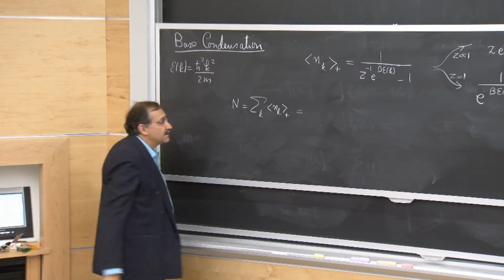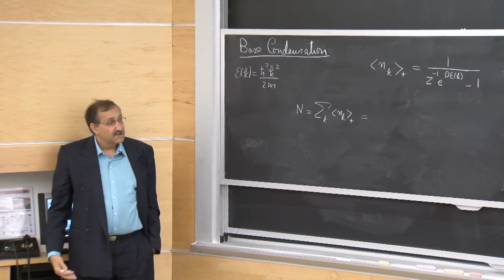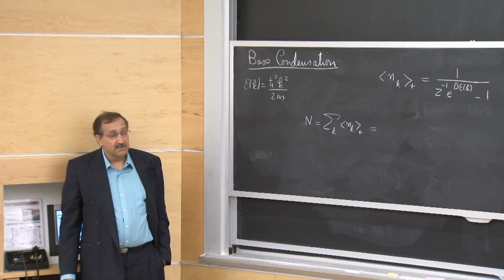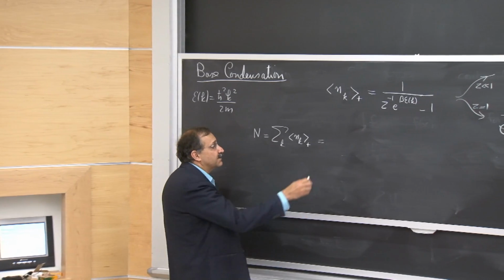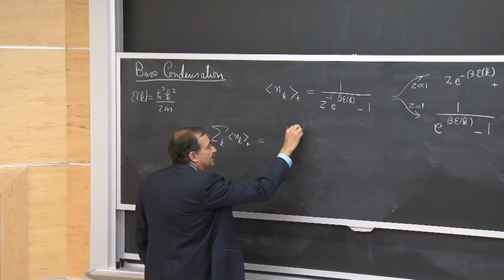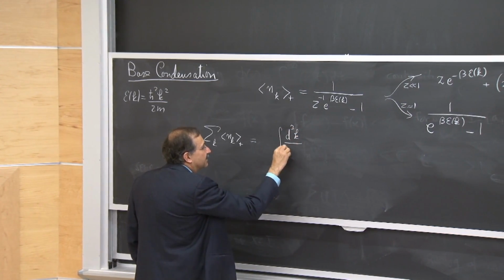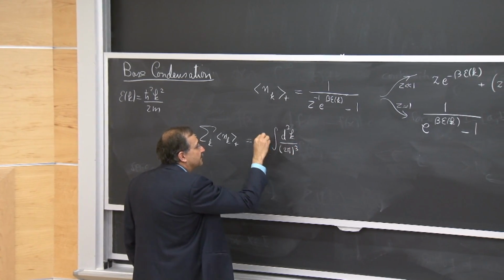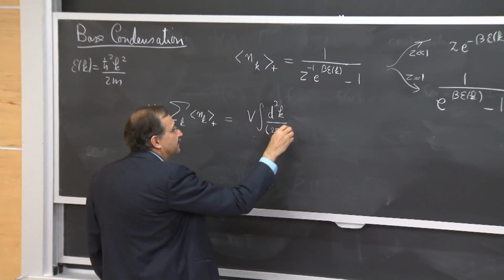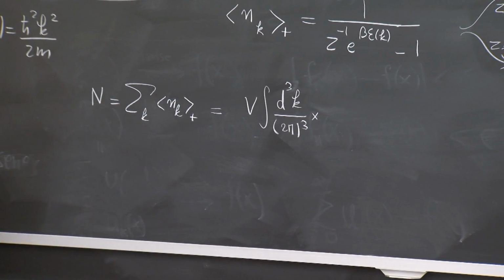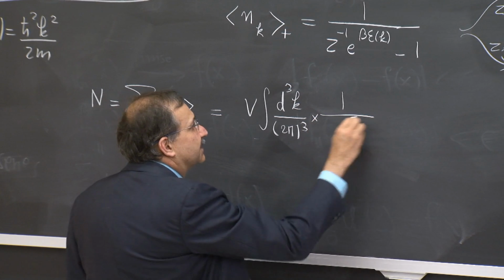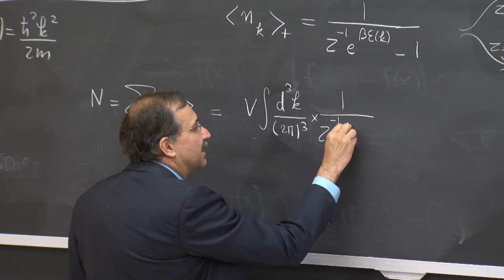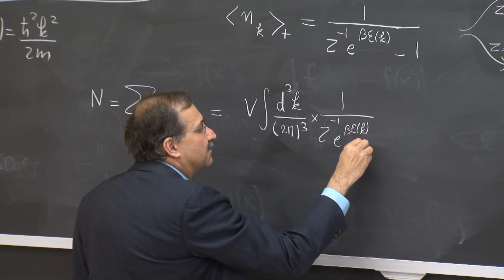And then we have to replace this sum, in the limit where we have a large system, with an integral. So we have the integral d cubed k over (2 pi) cubed times V, and then we have this n of k, which is 1 over z inverse e to the beta epsilon of k minus 1.